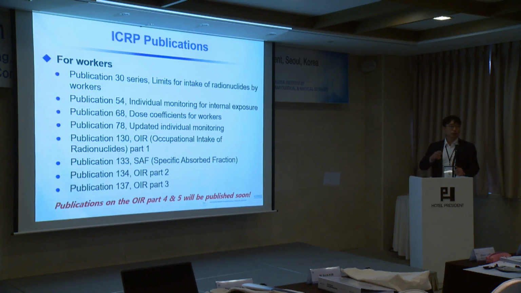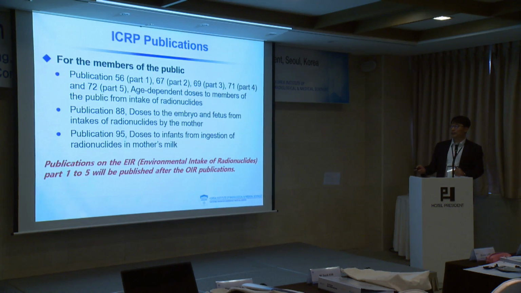Anyway, they published OIR Part 3 so far, and you can refer to these publications to estimate the internal dose of radiation workers. And these publications are related to the internal dose assessment for members of the public, from ICRP Publication 56 to 95.